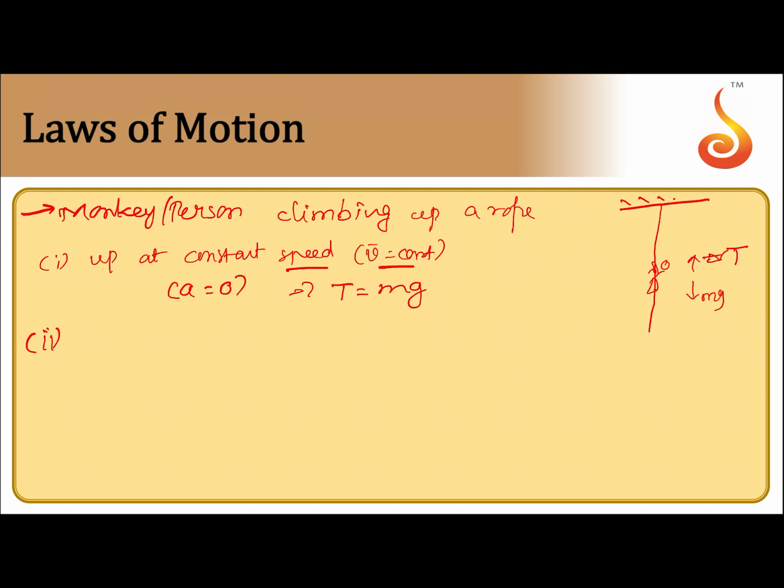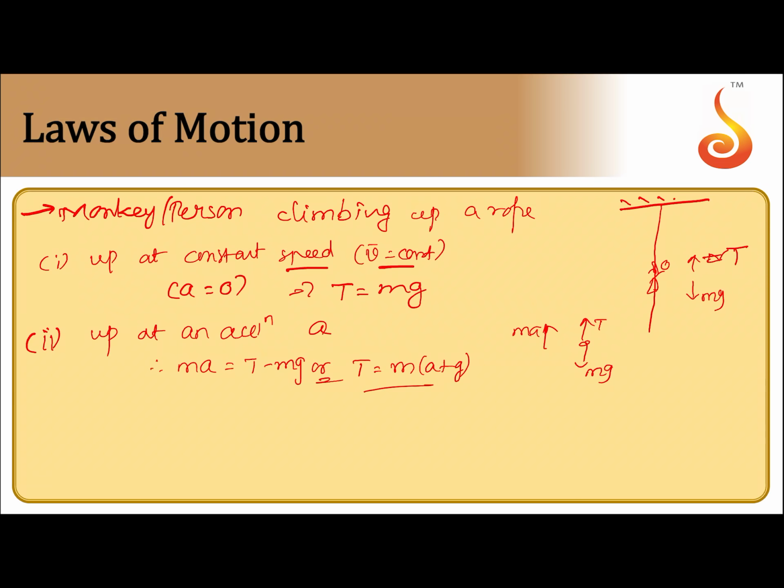Second case. This time it moves up with an acceleration a. So now what is the equation? This time mg, T and ma. So the equation becomes ma = T minus mg, or T = m(g + a).